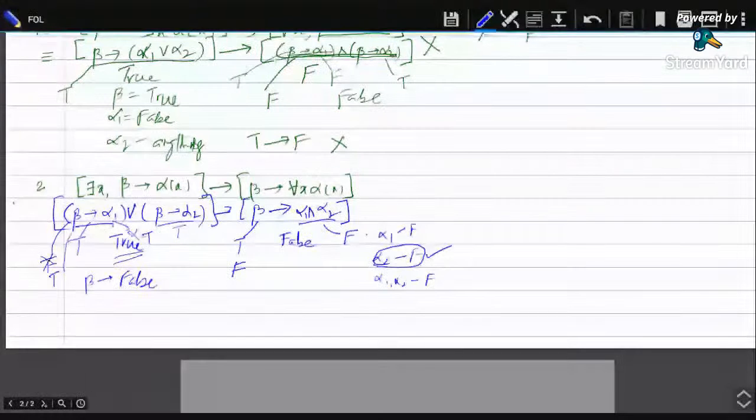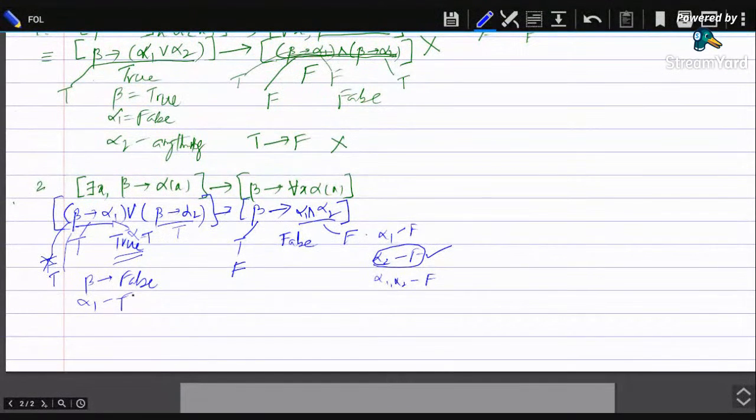Therefore, let me take beta as true, which is required on this side, and beta true, and this some value, and still this whole thing is true is possible only when alpha 1 is true. So that way I can make beta true, alpha 1 true. I can ensure this first bracket is true, and this whole thing becomes true just because this bracket is true.